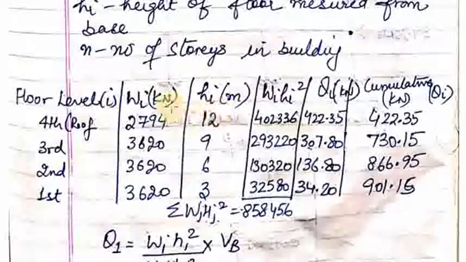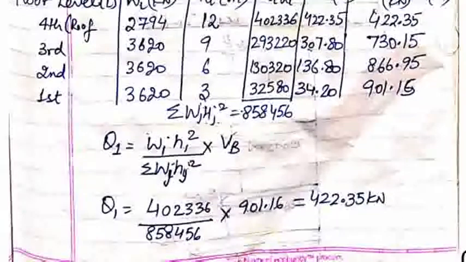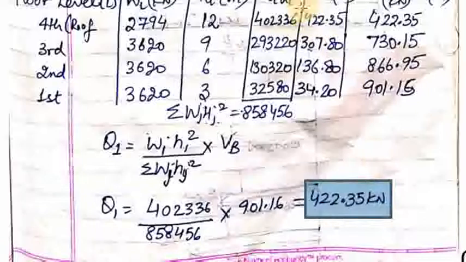Now you just multiply Wi with Hi square, it gives you this value, and you complete all the rows. Then Wi Hi square over summation of Wi Hi square, into Vb. Now calculate the value of Qi like this and put the values that you have calculated in the table.